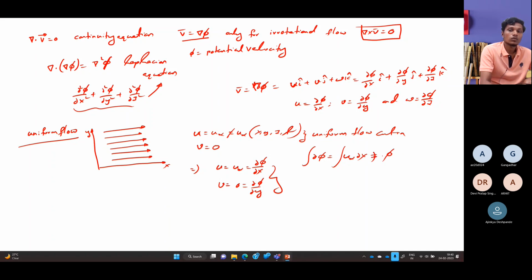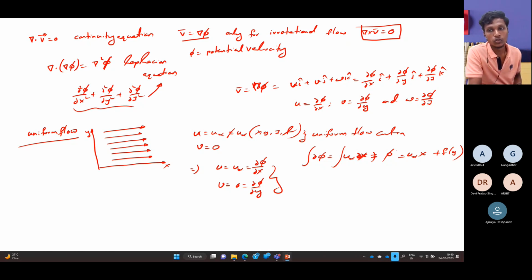You will get phi equals u infinity times x plus a function of y. Why do you get a function of y? You are integrating partially with respect to x. There is no dependence on y, so there should be some function of y which vanished due to the partial differentiation of the phi function with x.